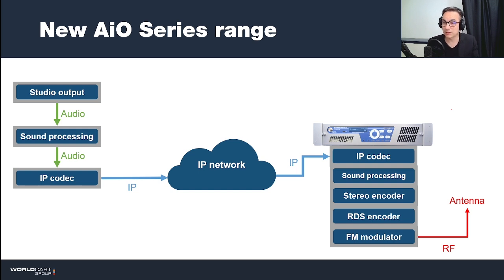So in this transmitter today, we can have an IP decoder, a sound processor, a stereo encoder, an RDS encoder, and of course the FM modulator, which is actually using and providing all those features. Okay, so this transmitter today is a great evolution because the input is IP and we go directly to RF, direct to frequency. This will increase the reliability, the signal quality, and of course reduce the cost also.